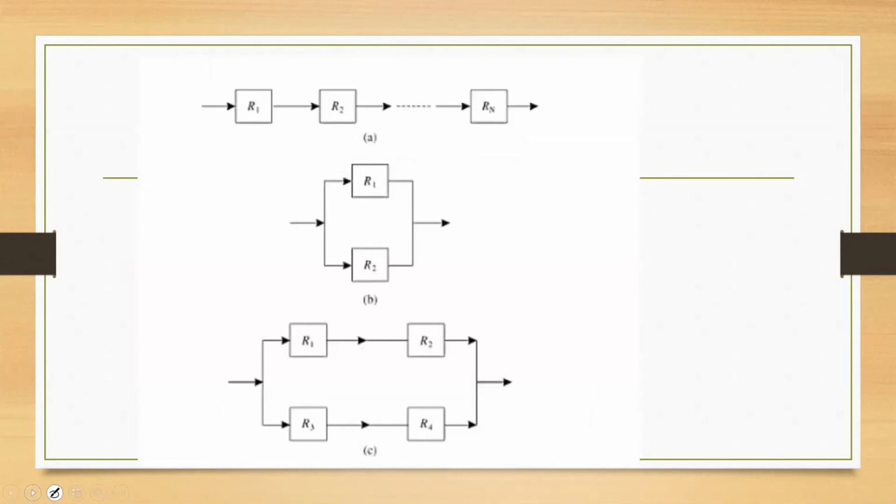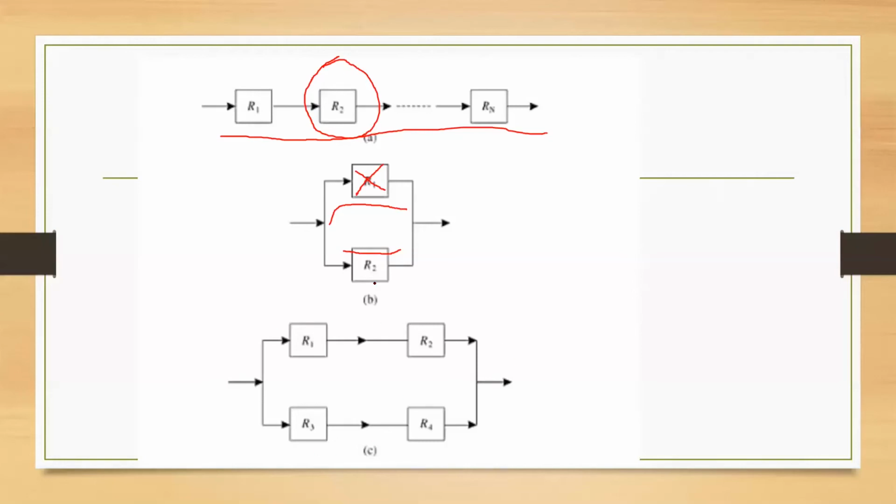So for every component, suppose this is my system, instead of having a series, because in series what is happening is if one component fails, the whole system will fail, we prefer the parallel combination. You know that if this path fails, this is the path available for the signal to actually go. So this is how we create the redundancy in the system.